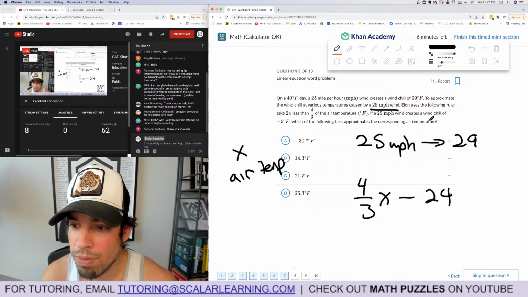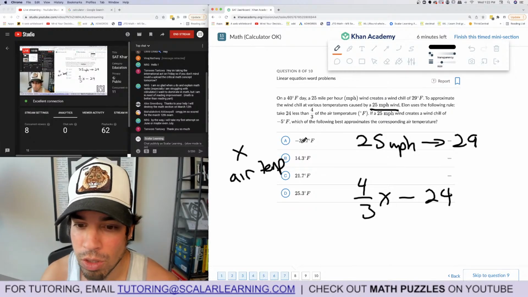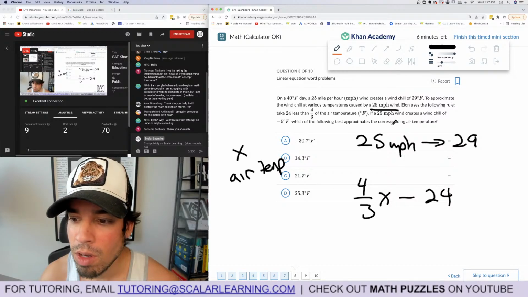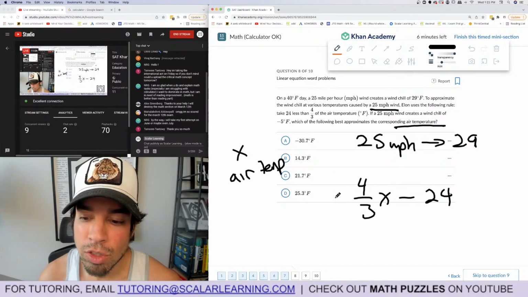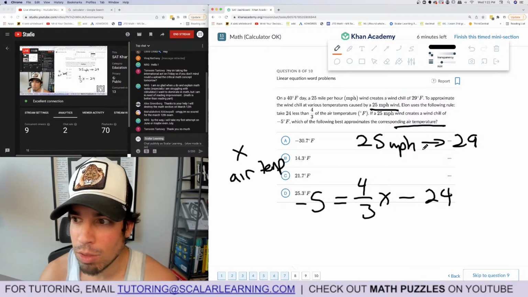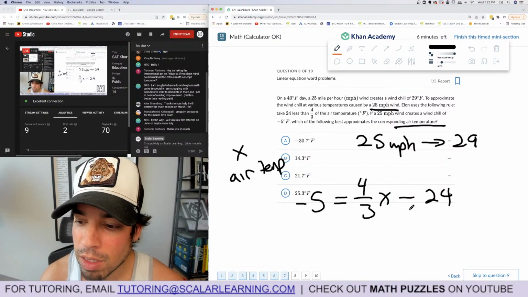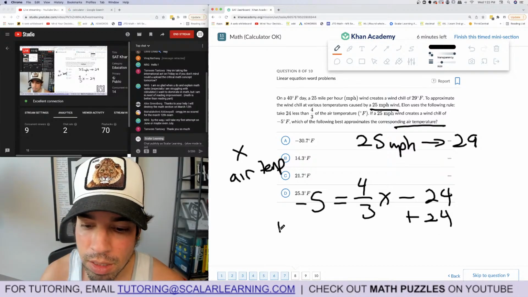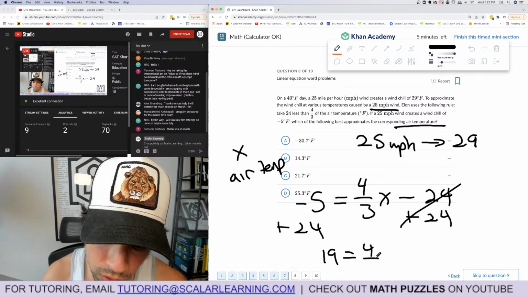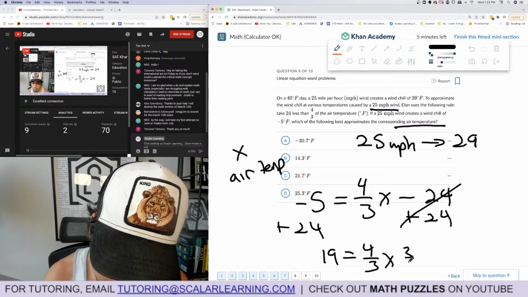Okay, if a 25 mile per hour wind creates a wind chill of -5 degrees, X is the air temperature. Got it. So then this equals the wind chill. See, it's just plug and chug equation, right? That's why equations are so helpful. Now we can add 24 to both sides. 19 equals 4/3 x, and then multiply both sides by 3/4.